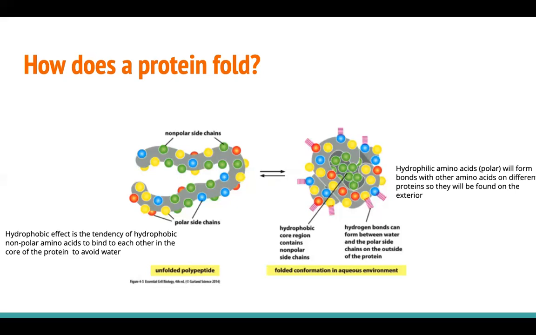Even though they're both non-polar, it's kind of like which one is the lesser of the two evils. So you might get asked those types of questions and you just have to compare which one's more hydrophobic, which one's less hydrophobic, and use the knowledge that you know about the basic things and then apply it.